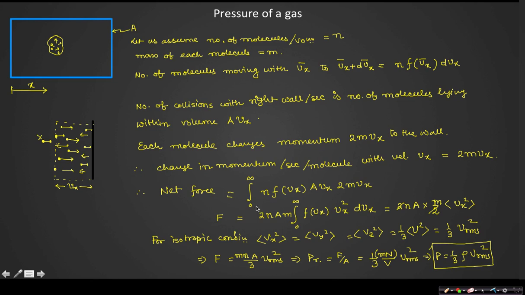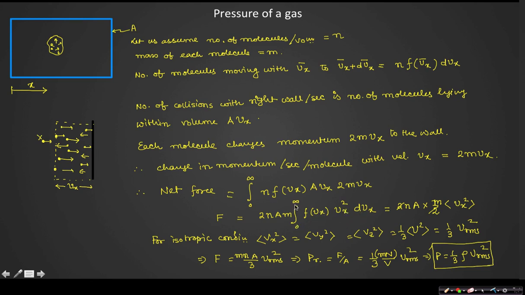And when I integrate, as I have mentioned, I will not take the negative velocities, so from 0 to minus infinity I will not take, I will only take 0 to infinity velocities. So I take 2m into n into A outside, and the result that I get inside the integration should be well known to you, because this is the integral of 0 to infinity of f of Vx, Vx square into dVx.